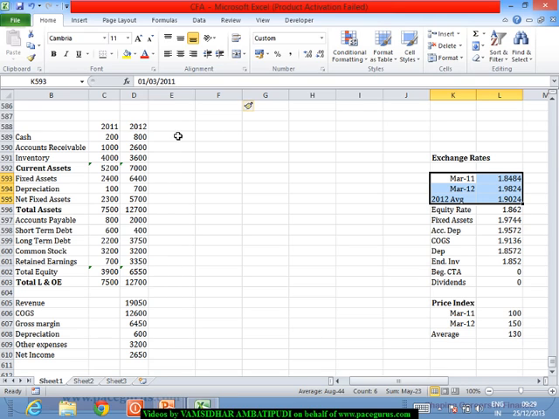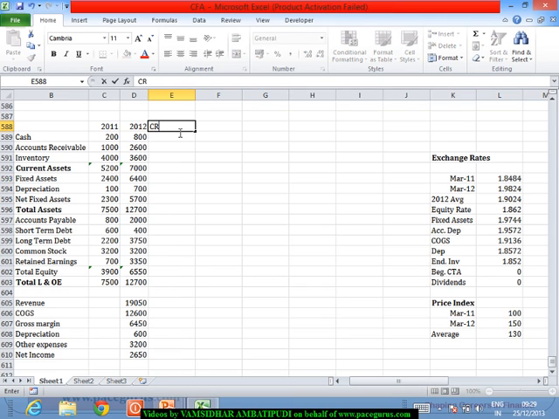So when I am using the current rate method for 2012, let's say I want to restate the figures into the parent currency.